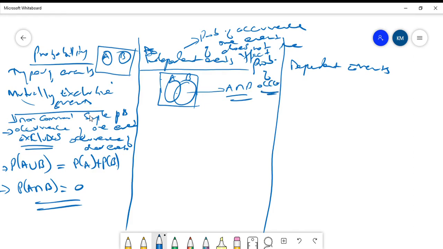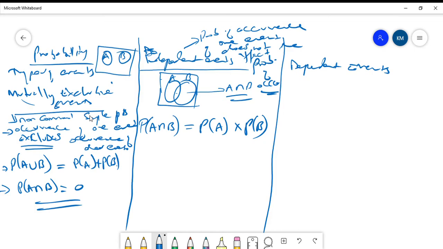They do not affect one another as far as their probabilities of occurrence are concerned. So in that case, the condition that would help you check whether any two given events are independent is by looking at whether the probability of the intersection is equivalent to the product of the individual probabilities. So this is what helps you note whether any two given events are independent.